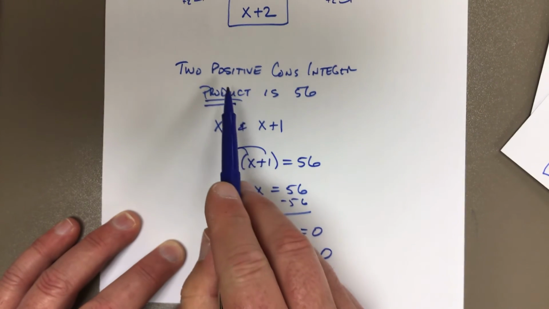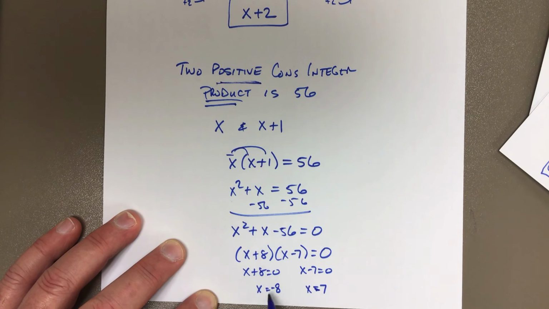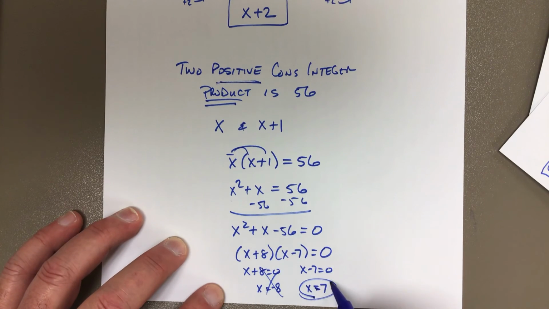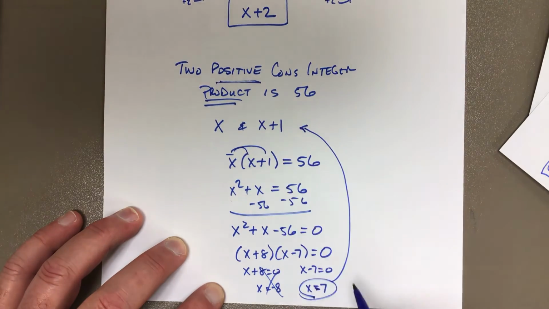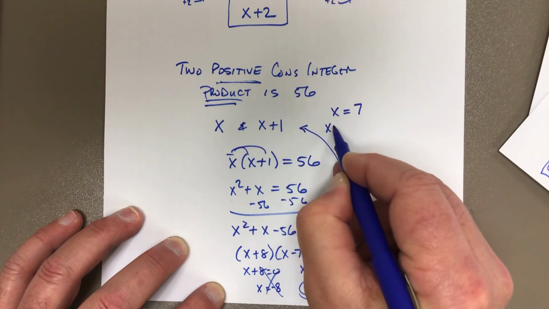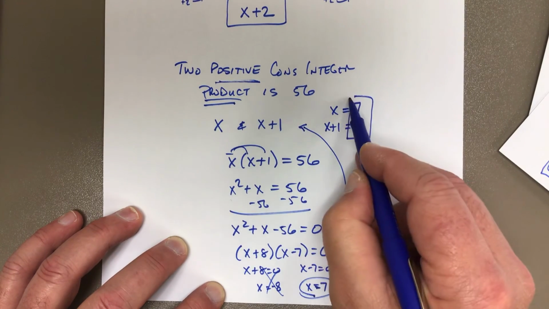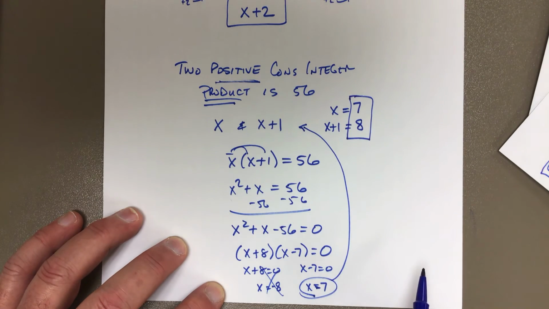Then it says they want the positive ones. Well, this is negative 8, so we don't want this one, we want this one. So x is 7, so go back up here. If x is 7, x plus 1 is equal to 8. So here are our answers, 7 and 8.